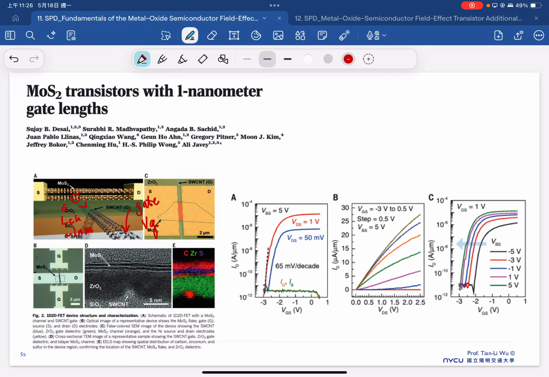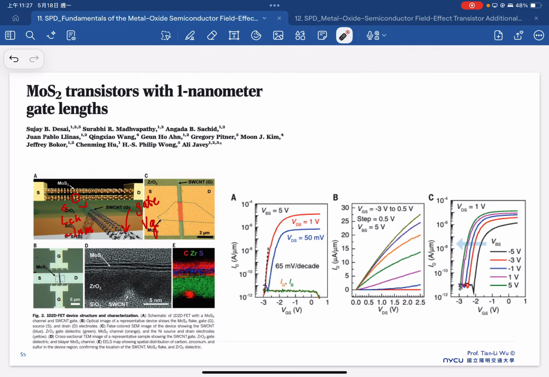So this paper wants to demonstrate that it's always a rumor that we cannot continue to do the scaling, because beyond a certain dimension we have very serious short channel effects. We get lots of problems. This paper fundamentally demonstrates that, even as the channel length goes down to 1 nanometer, we can still see very functional transistor behavior, very functional MOSFET behavior.